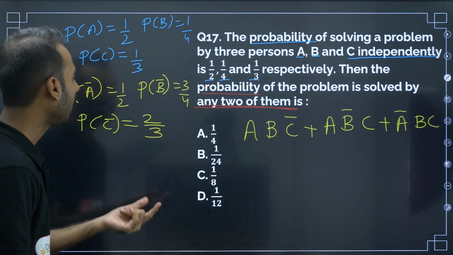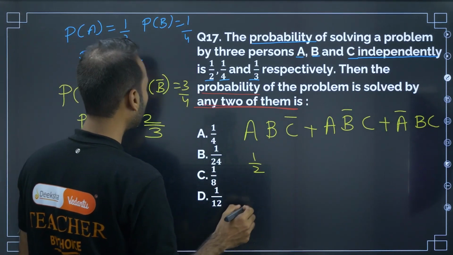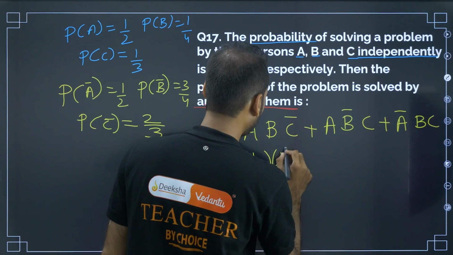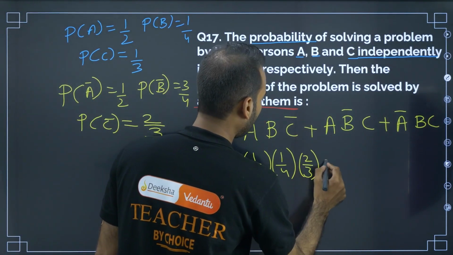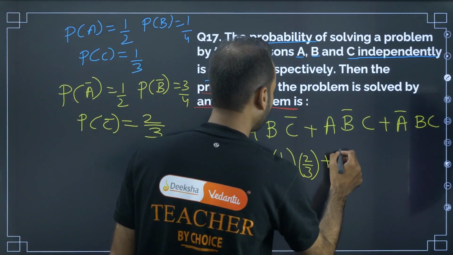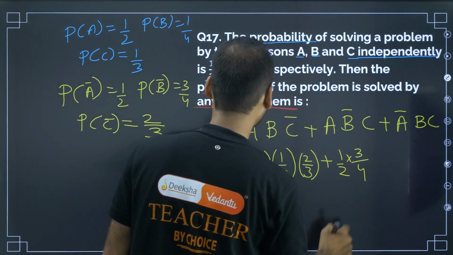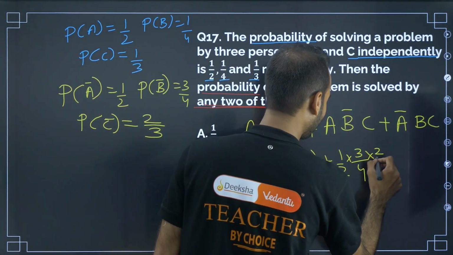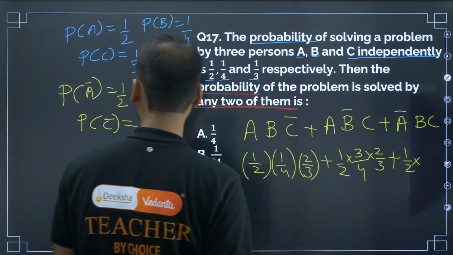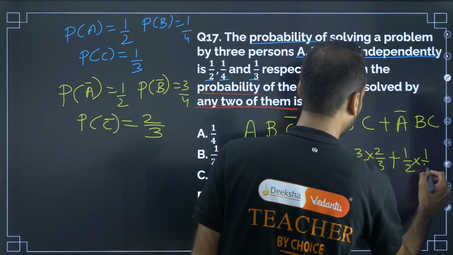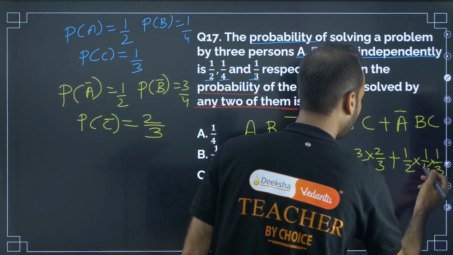So you might have understood. A is 1 by 2, B is 1 by 4, C dash is 2 by 3. A is 1 by 2, B dash is 3 by 4, C is 2 by 3. Plus A dash is 1 by 2, B is 1 by 4, C is 1 by 3.